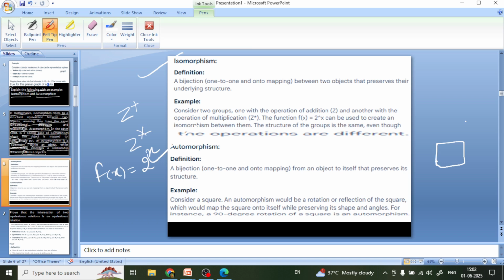When we rotate this square or reflect it, you can see the reflection of the square is the same, which would map the square onto itself while preserving its shape and angles. For example, a 90-degree rotation of a square is an automorphism.